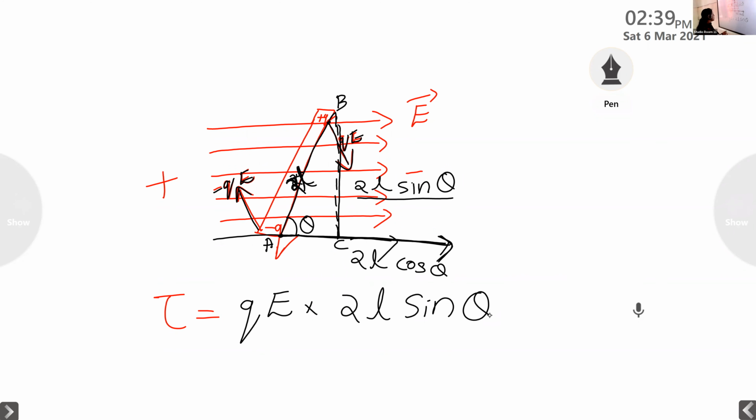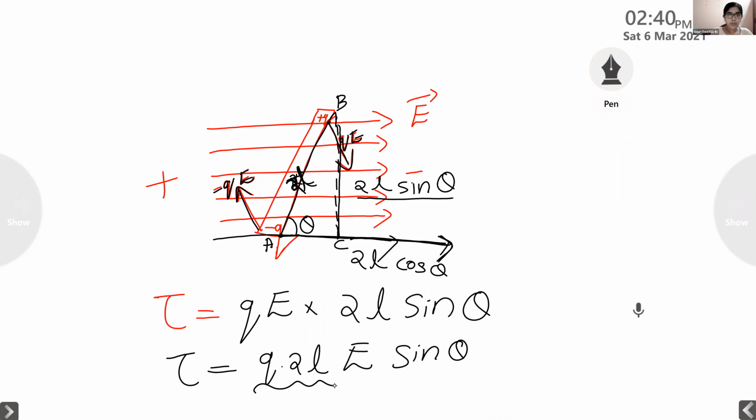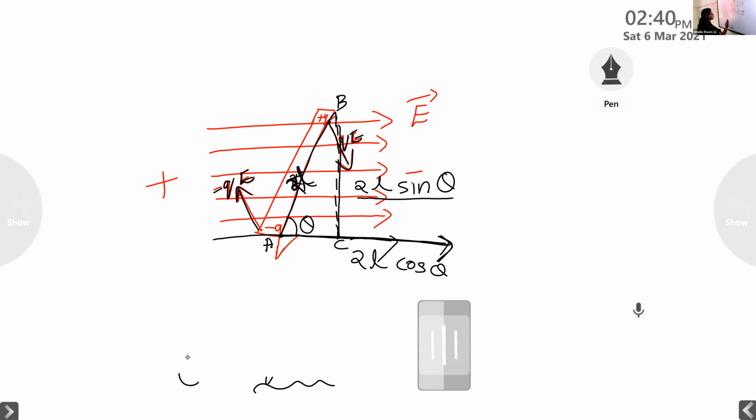Again, we can rearrange the equation: tau is equal to Q into 2L E sin theta. Do you have any familiarity with this term? What is Q into 2L? Dipole moment, P. Yes, very good. Now you are on the track. I felt very happy. This Q into 2L is the dipole moment.